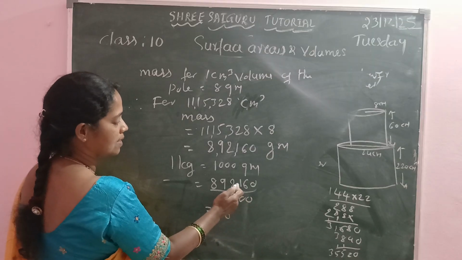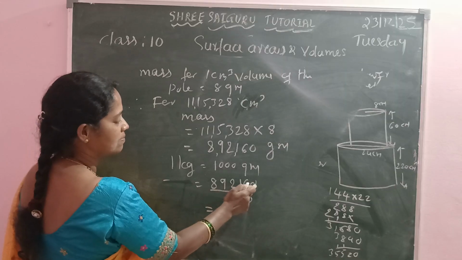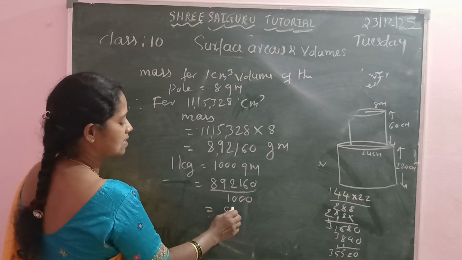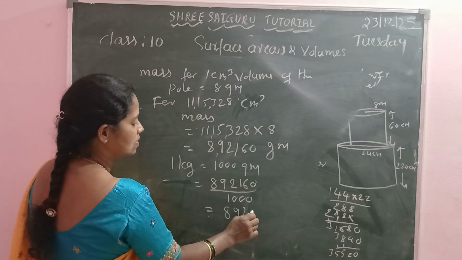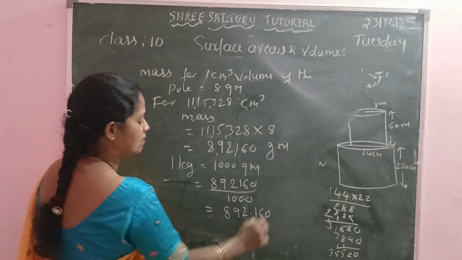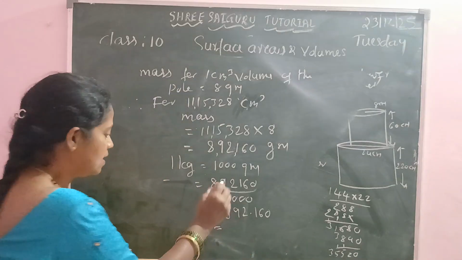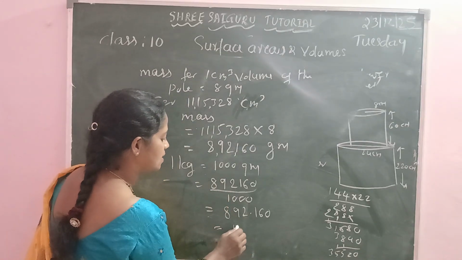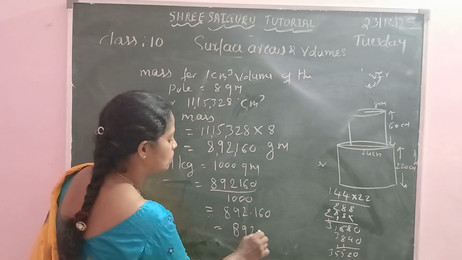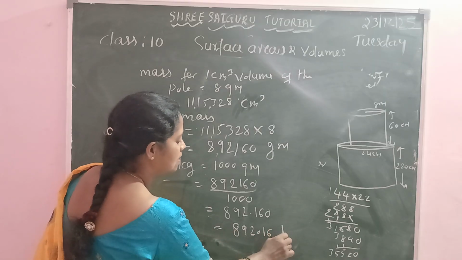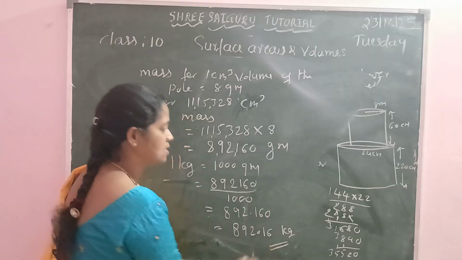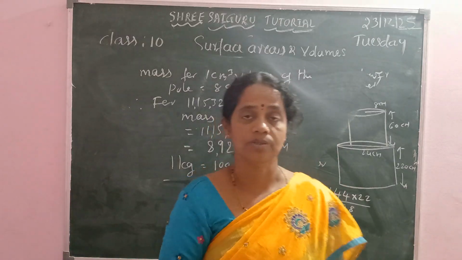We have to put the decimal point from the right side, leaving 3 digits. So the answer is 892.160, that is 892.16 kg is the mass of this pole.